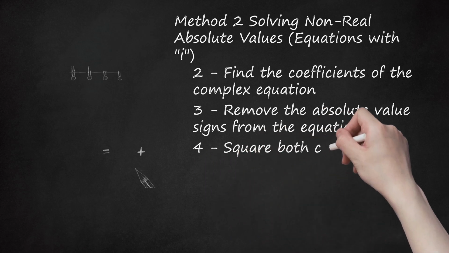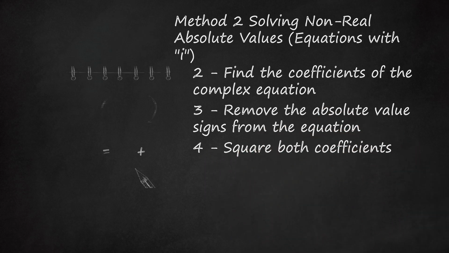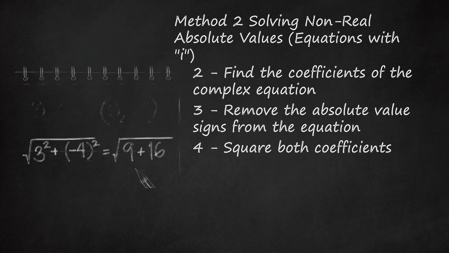4. Square both coefficients. To find distance, you'll use the distance formula, the square root of x squared plus y squared. So, for your first step, you need to square both coefficients of your complex equation.